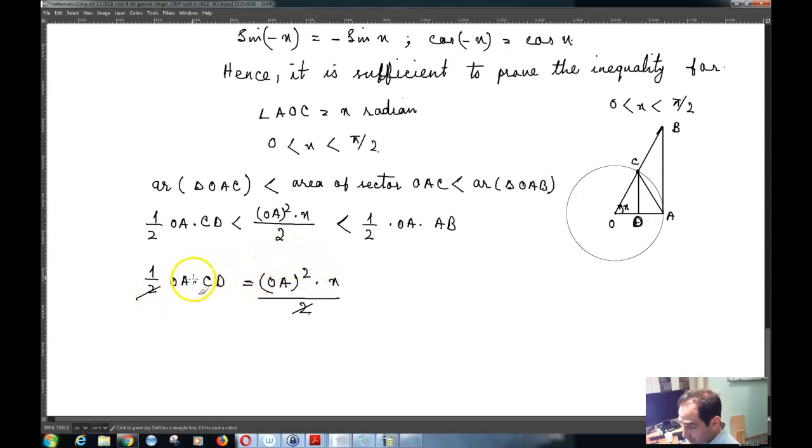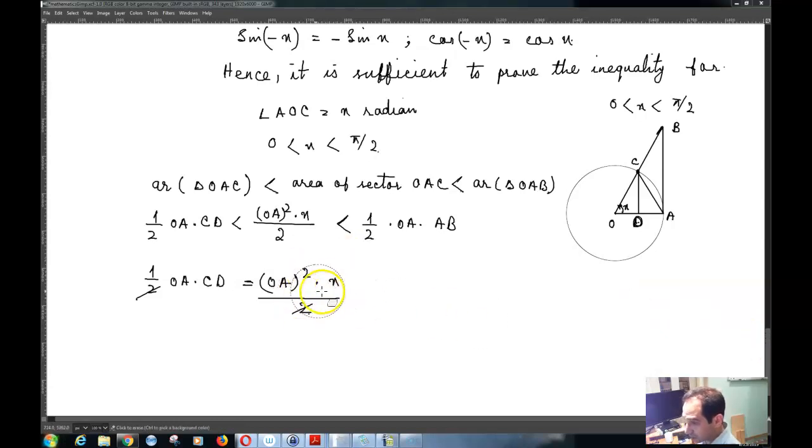Now, for example, suppose that OA is a negative value. Well, this is not a good example, I'm sorry.